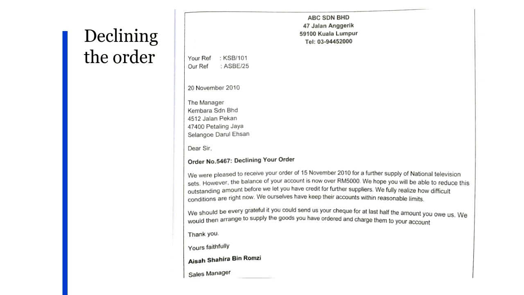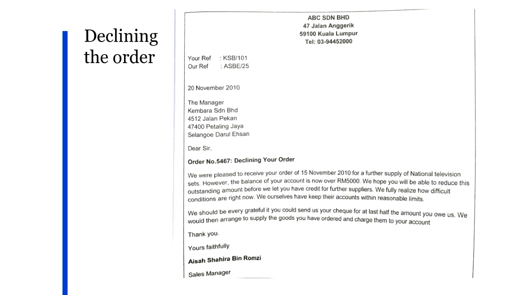We hope you will be able to reduce this outstanding amount before we let you have credit for further supplies. Jadi, tak cukup kredit. Supplier ni sebenarnya tender dia, jadi sepatutnya dia main tolak-tolak je balance. Sekarang ni tak cukup duit, jadi dia kena hutang dengan company. Dan company tak nak hutang sebab bila hutang akan jadi outstanding.